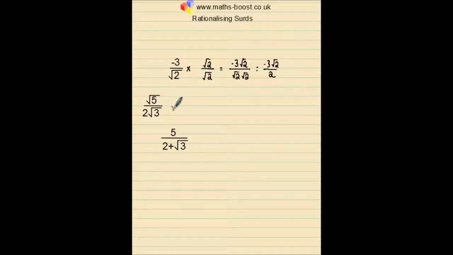This is no different. Don't be distracted by the numerator. It's the denominator we're interested in. And because it's a single term, the rule is just the same.